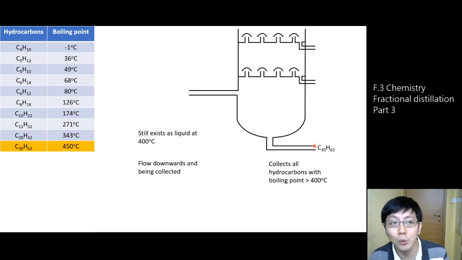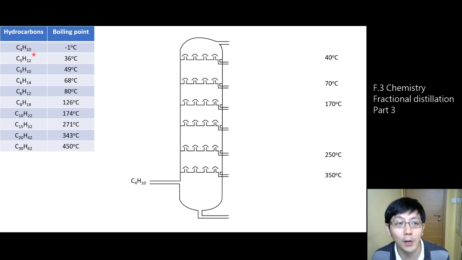Next one, I'm going to move to the next extreme case, C4H10. How about C4H10? Actually, it has a very low boiling point, -1 degree Celsius. If you do nothing, just leave it at room temperature, it still exists as gas.